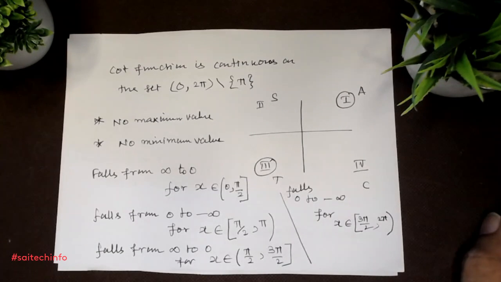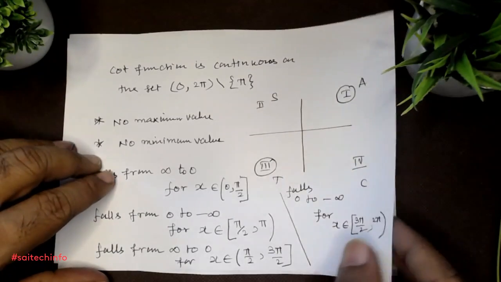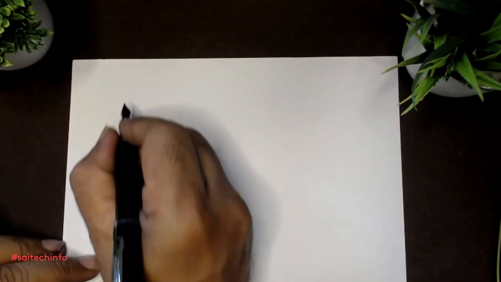Now let me explain this graph. Let us draw the graph first. Let us draw y is equal to cot x.